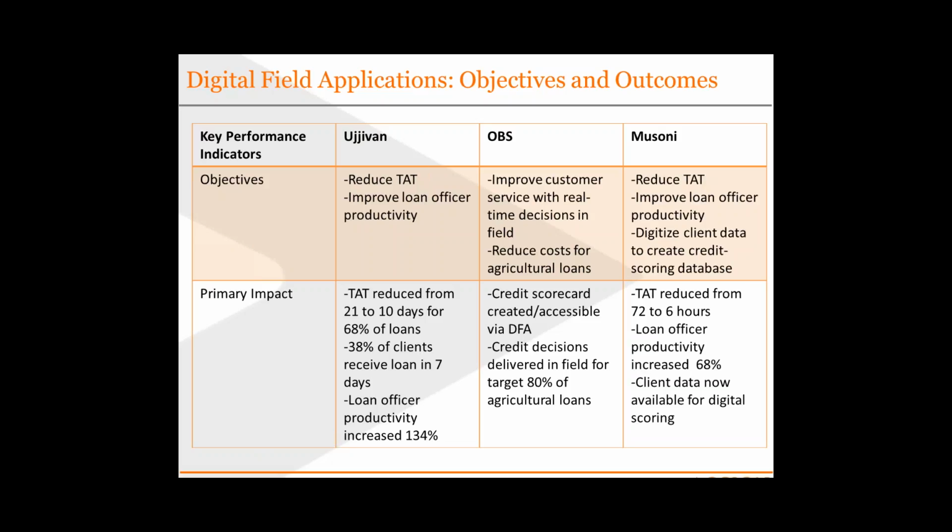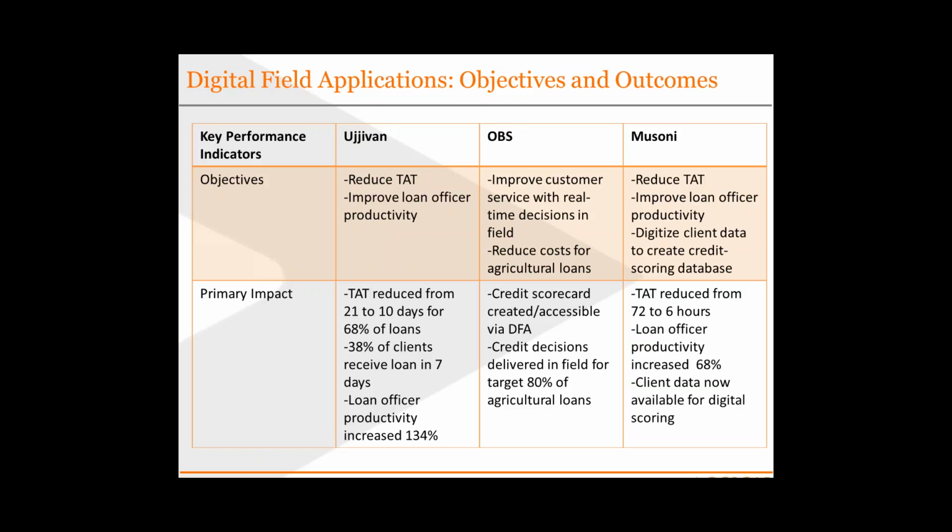So reaching out to new clients required more rigorous credit analysis tools and processes to ensure quality and control, and again, that was a major impetus behind the choice to implement the DFA. So you can see some of the results here, but I'm going to get into those a bit later.